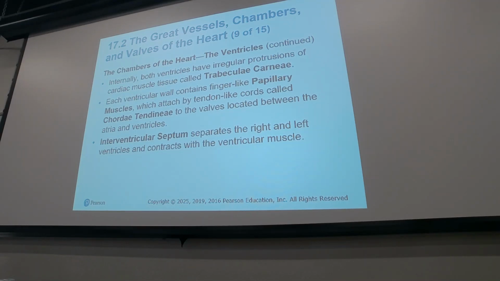These chordae tendineae hold leaflets or flaps of a valve, V-A-L-V-E, valve. So this valve acts as a one-way door that allows the blood going from atria to ventricles and not the other way around. So that prevents backward flow of blood.